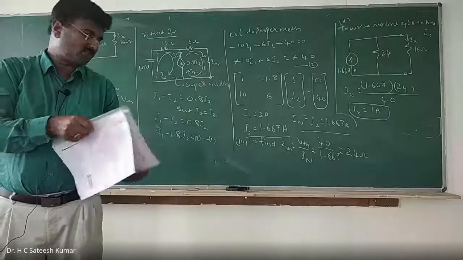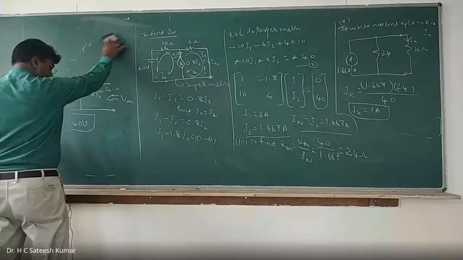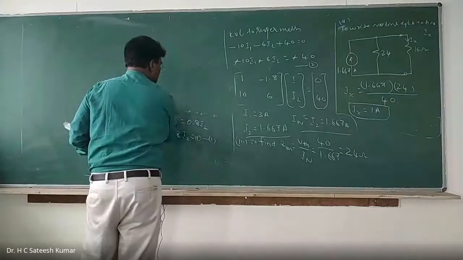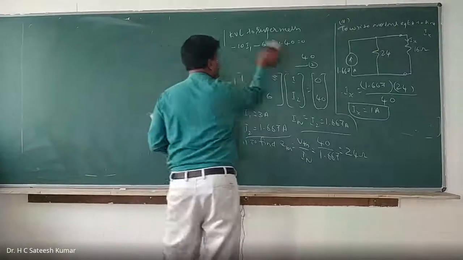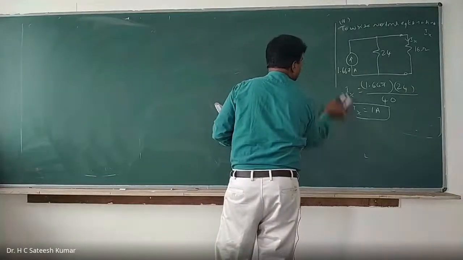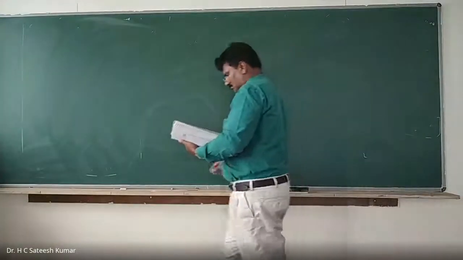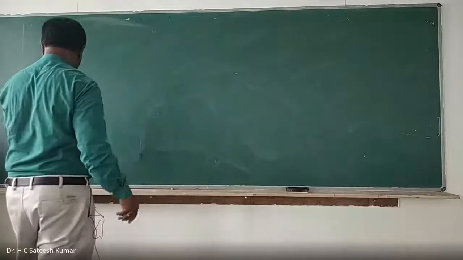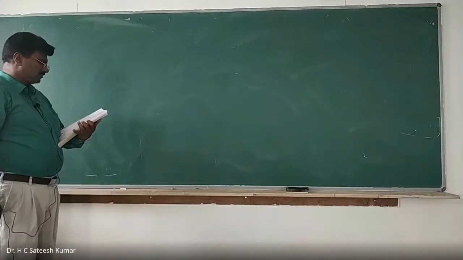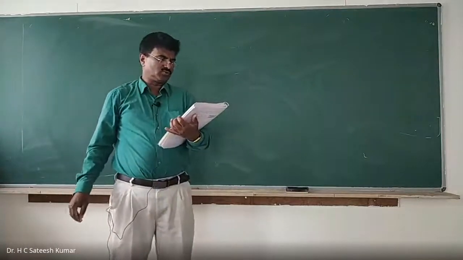Another same kind of problem with a small twist. For the network shown in figure, find the current in 6 ohms using Thevenin's theorem.